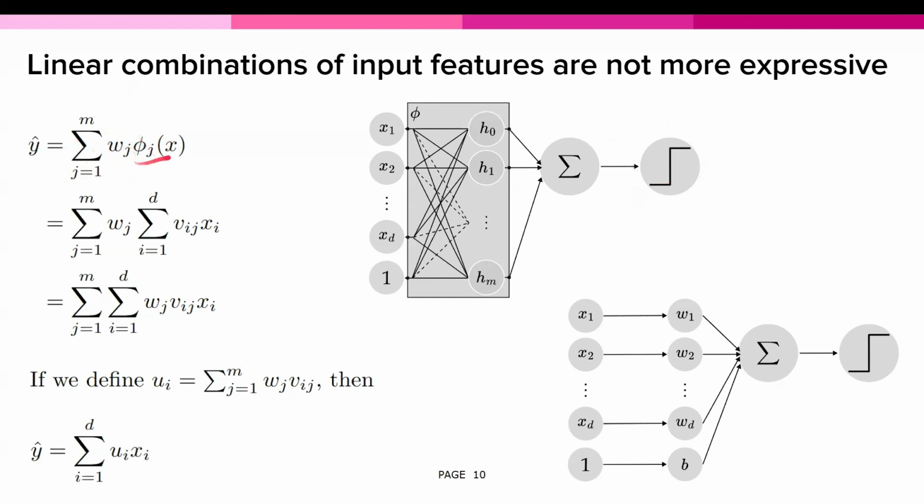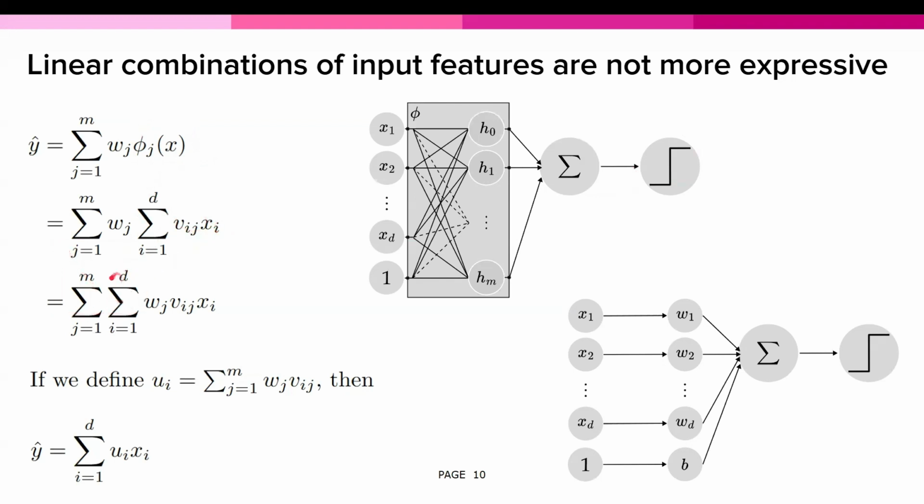But we can substitute in the expression for each of our features, the sum over i from 1 to D of vij xi.